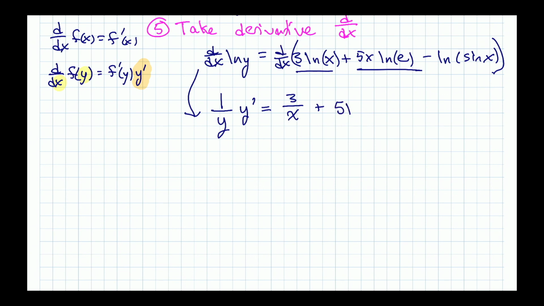So this is just 5 ln e, which is 1, by the way, but I'll change that in the next line. Or, yeah, ln e is 1. All right. Last one, ln sine x. So the derivative of ln sine x is 1 over sine x times the derivative of what's inside, which is cosine x. And there you go.